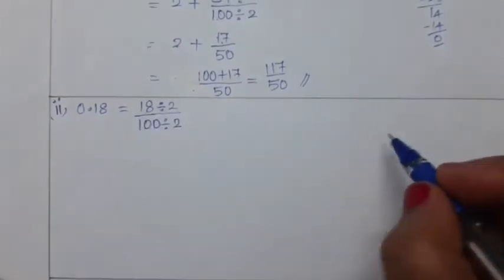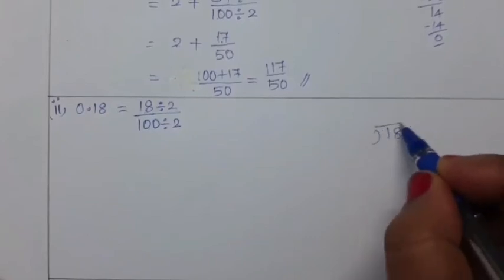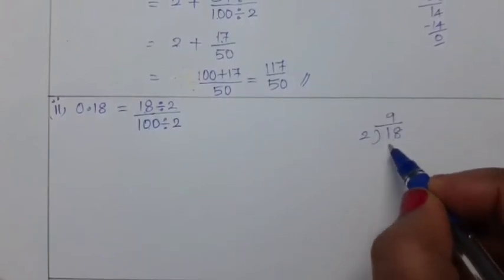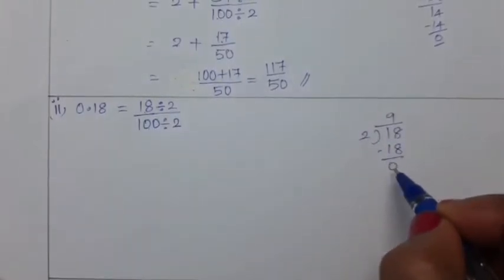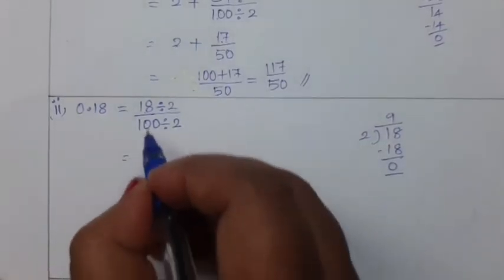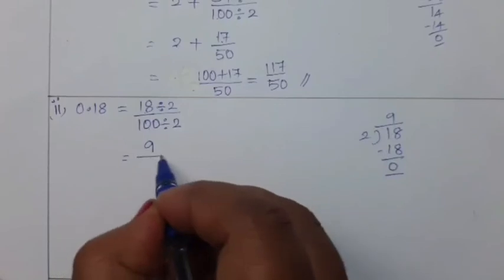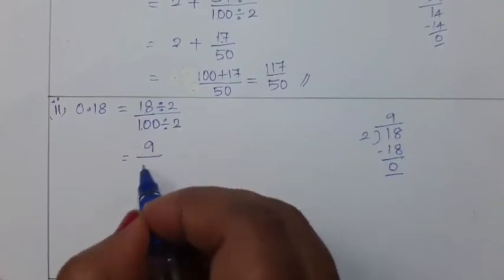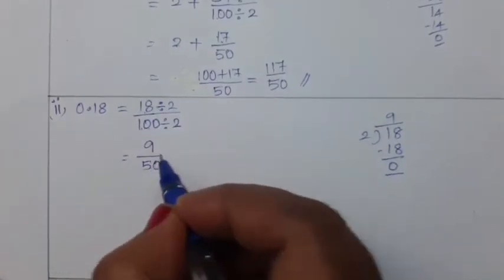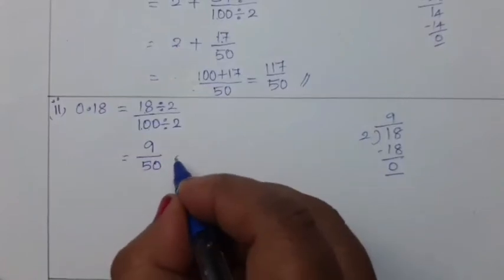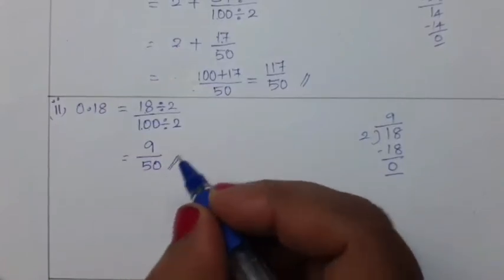When we divide 18 by 2, we get 9, 2 9s are 18. So dividing 18 by 2 we get 9. Dividing 100 by 2 we get 50, which is the simplest form of the fraction.